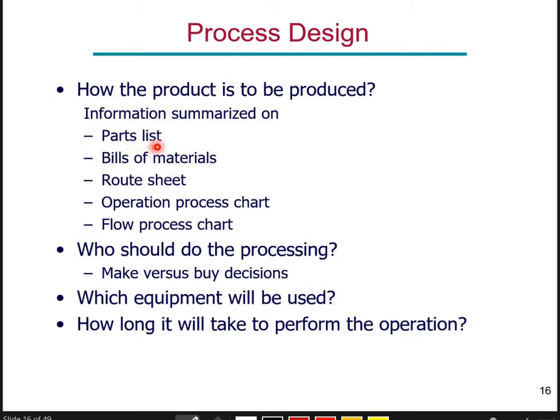So parts list, bills of materials, route sheet, operation process chart, and flow process charts. Okay, so these information or the process designs are finalized with these types of lists or charts.